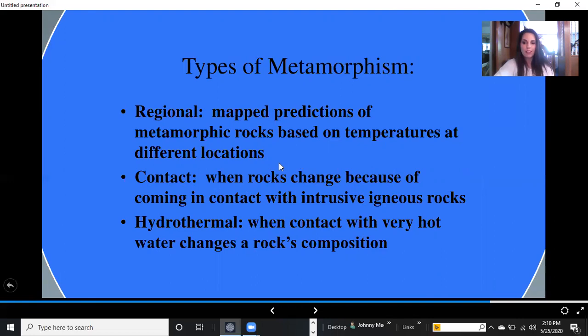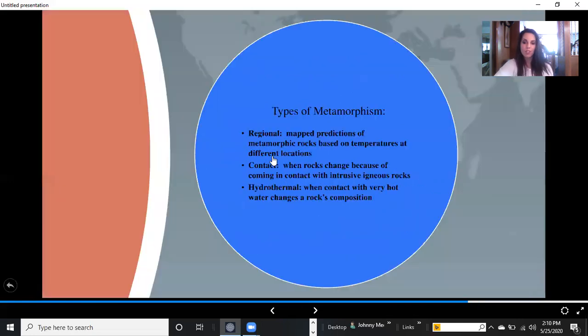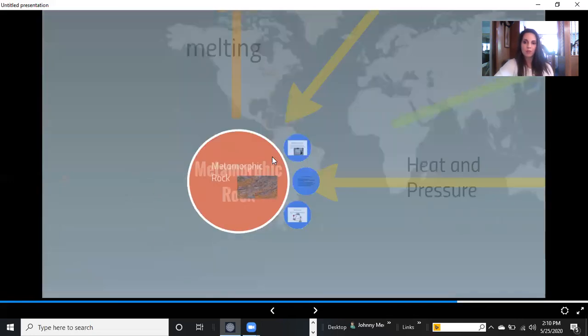Hydrothermal: when contact with very hot water changes the rock composition. That very hot water can come in and combine with some of those elements, and that can make a difference. So that's your metamorphic rock.